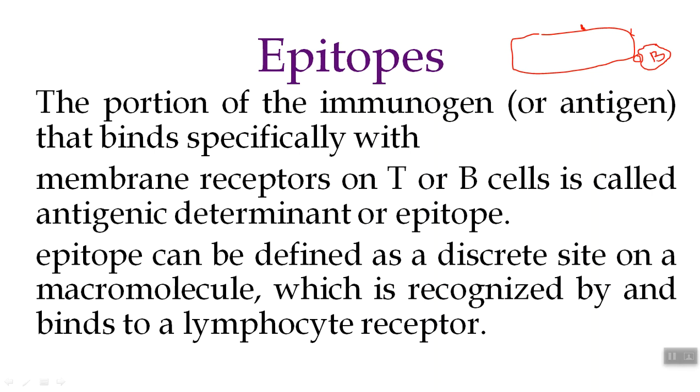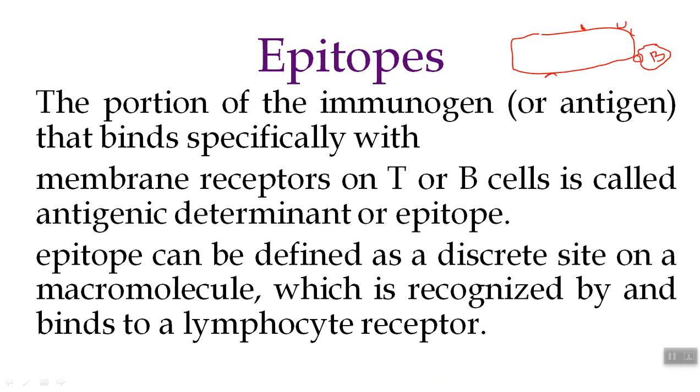These epitopes can be defined as discrete sites or specific macromolecules which are recognized by and bind to a lymphocyte receptor. They can also be defined as discrete sites on the surface of the antigen.